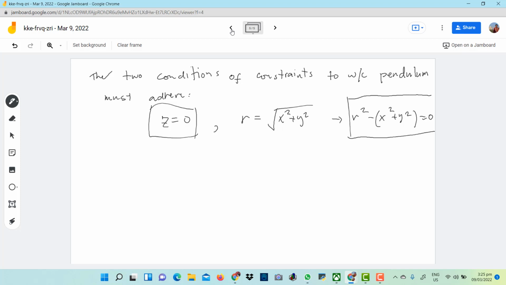If you have x, you can solve for y and z. If x is given, you can solve for y because you know r. Also, you can solve for z: z is just equal to z.